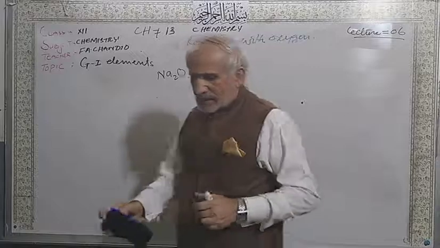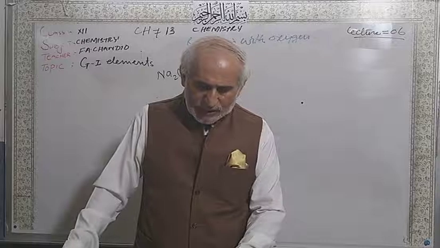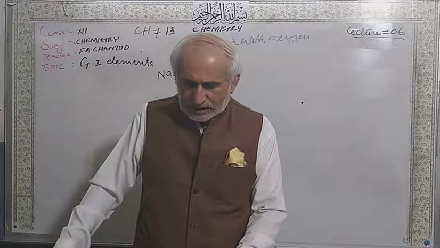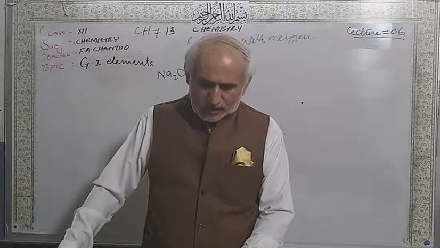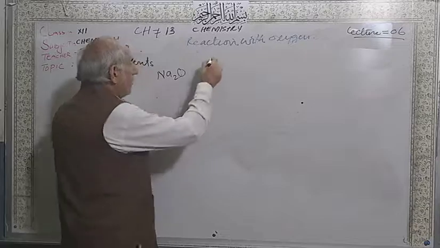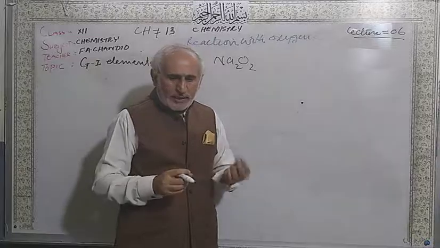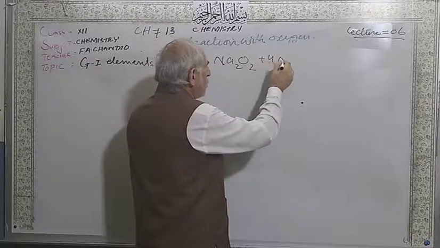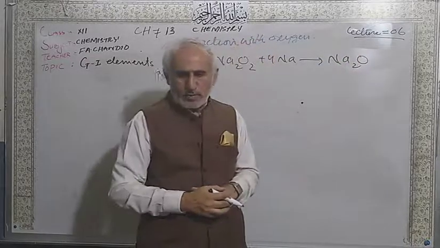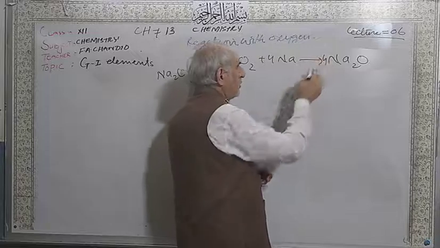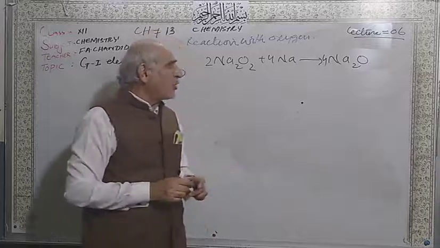So an indirect method is given in your book. Since the normal oxides of alkali metals other than lithium are not formed directly, the method is indirect. If you have sodium peroxide, by using sodium you get sodium normal oxide.